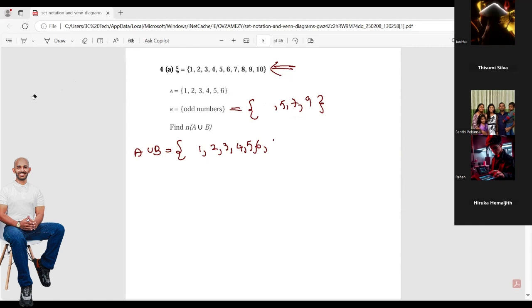That should be 3, then 7 and 9. In A union B, the number of elements is 1, 2, 3, 4, 5, 6, 7, 8. 8 is the number of elements in the A union B set.